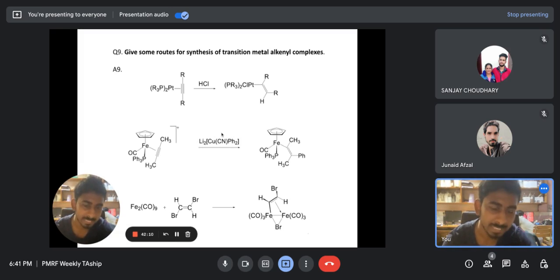So there is a negative charge on this moiety. Now among all these fragments, copper or cyanide or phenyl, this phenyl, because of the least electronegativity in nature, is having the negative charge on it.